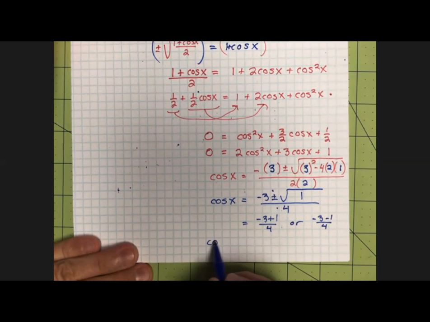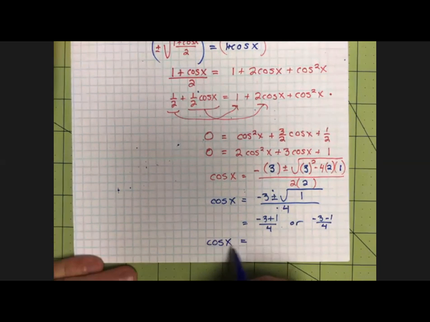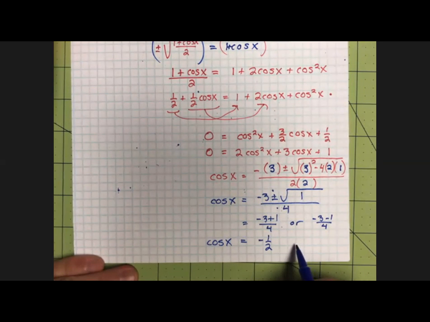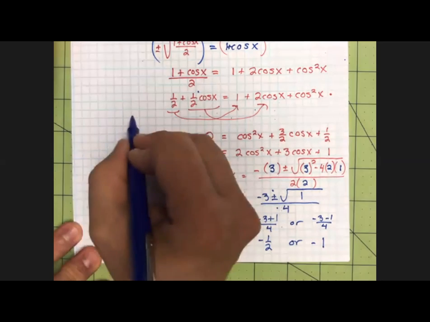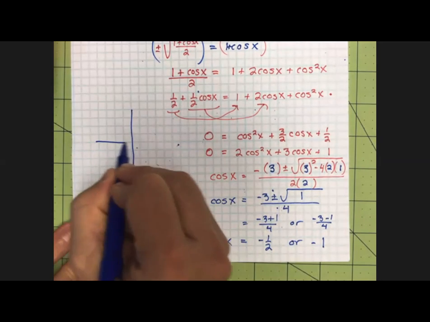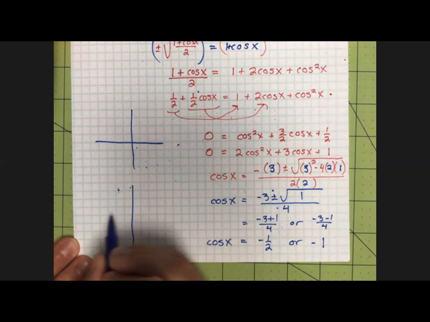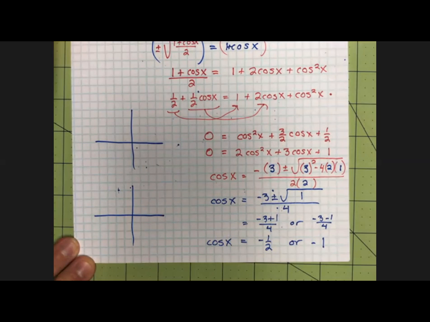So now I found out what cosine x is, and now I can go for x. This would be -1/2, and this would be -1. Draw 2 different pictures, just so things don't get too cluttered.